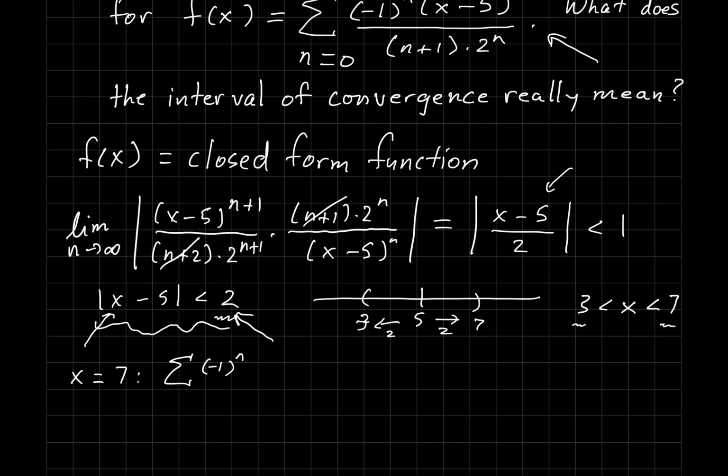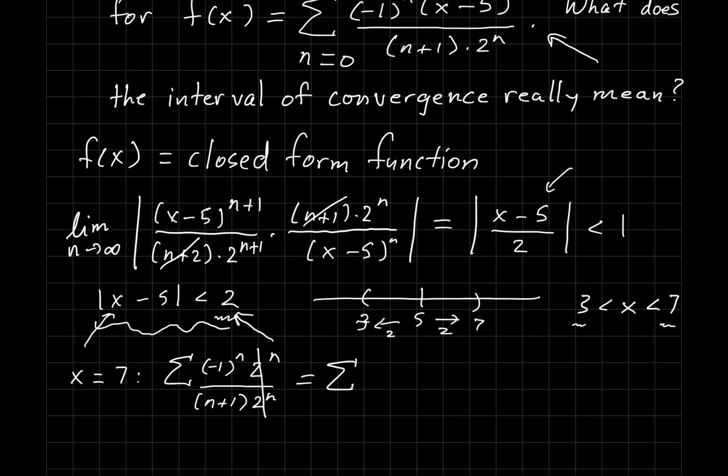And then x equals 7 gives me 7 minus 5, or 2^n, over (n plus 1) times 2^n. I'm leaving off the limits on my series. It's 0 to infinity.